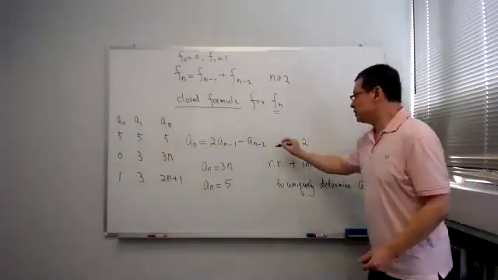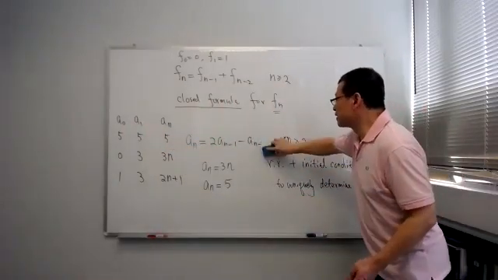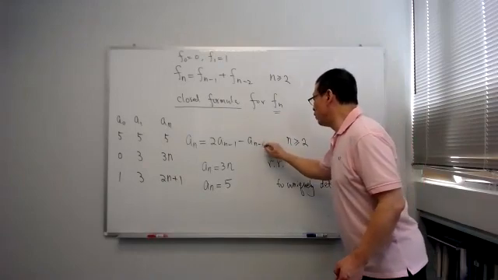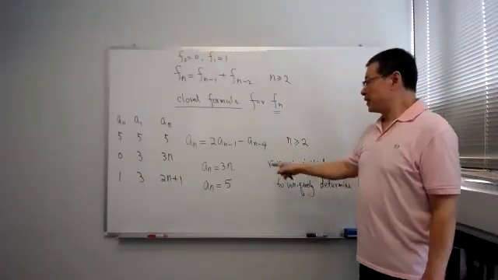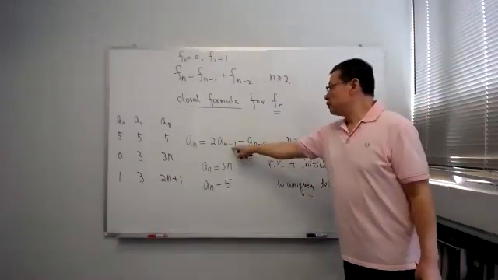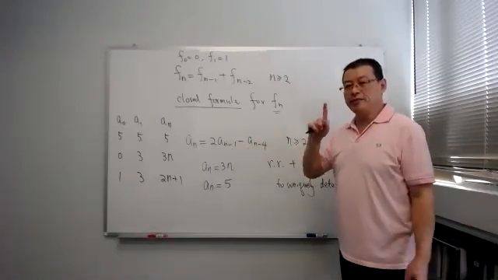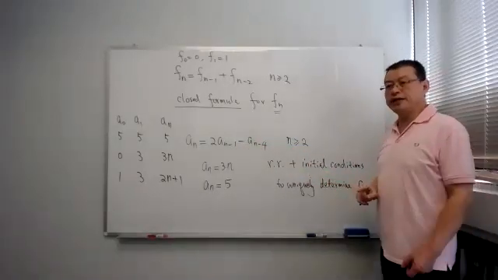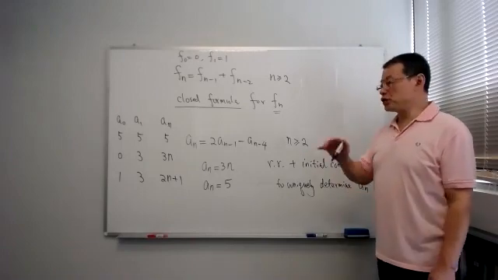Suppose I change this one to 4, so it only involves 2 previous terms. How many initial conditions do we need? Not 2, it's 4 here.